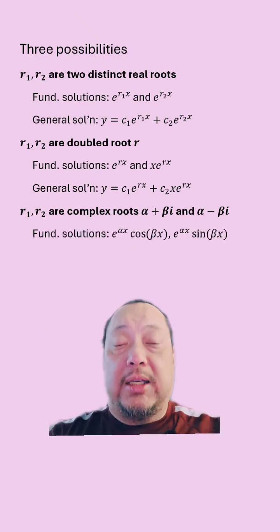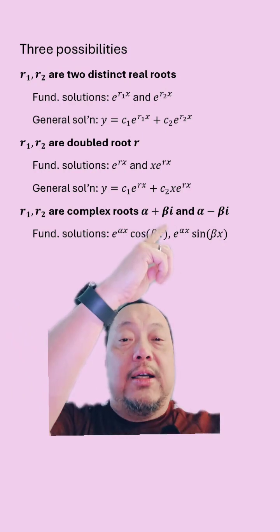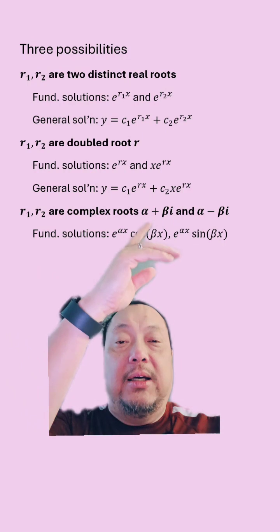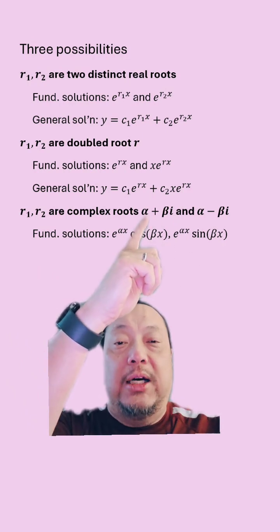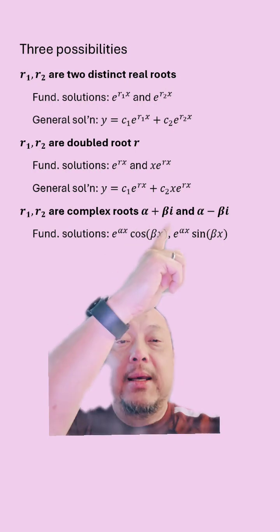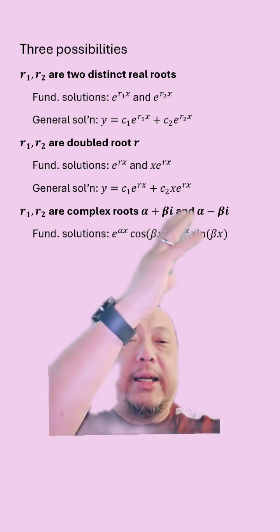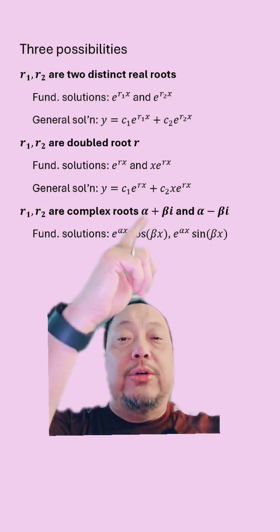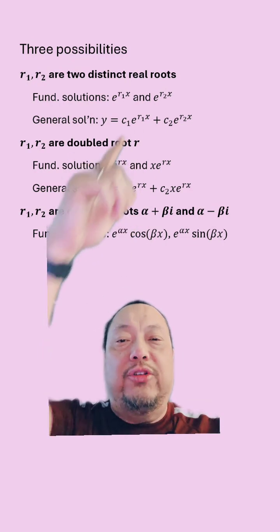Moving on to the case of complex roots, the two roots are complex conjugates of each other, so we don't care about the plus or the minus here. We only care about the specific value of the real part alpha and the imaginary part beta, just the beta, not the i. The alpha is real, so it looks just like the r here or the r1, r2 up there.